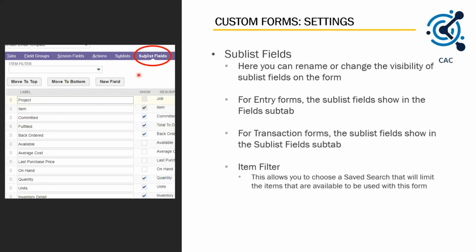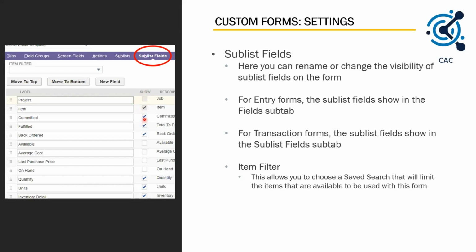Now, this is the sublist fields that I was referencing. So this applies to transactions. Here, you can rename or change the visibility of sublist fields on the form. But we do have limited control. You don't have the ability to make them mandatory or change the display type.